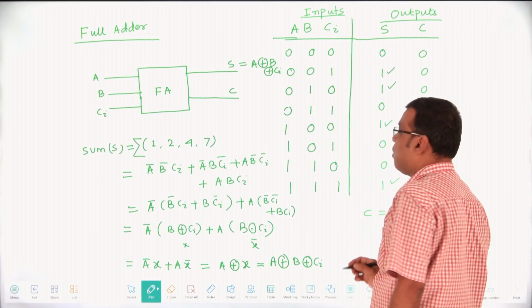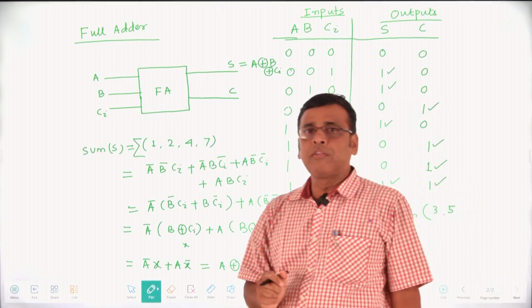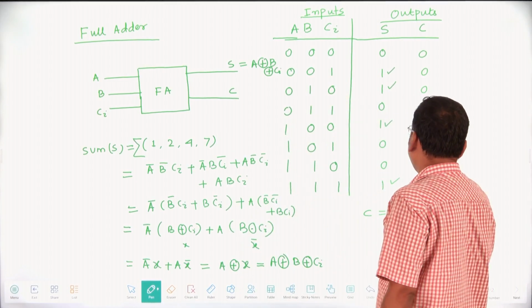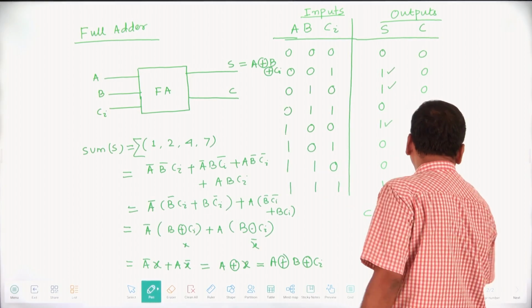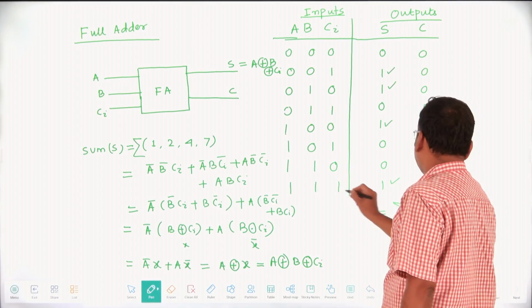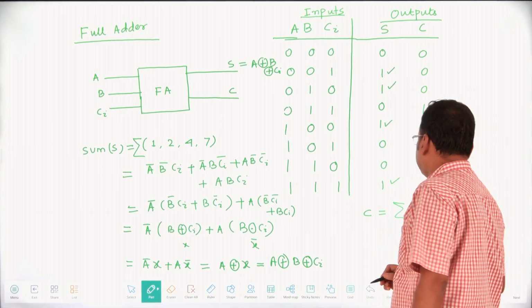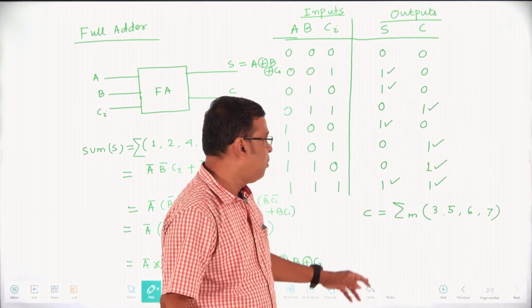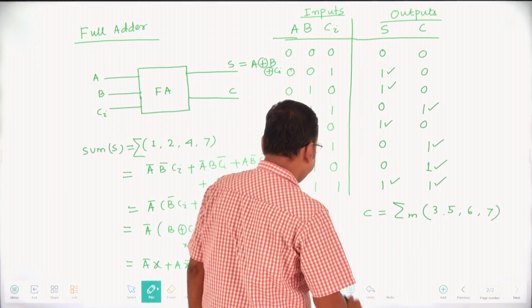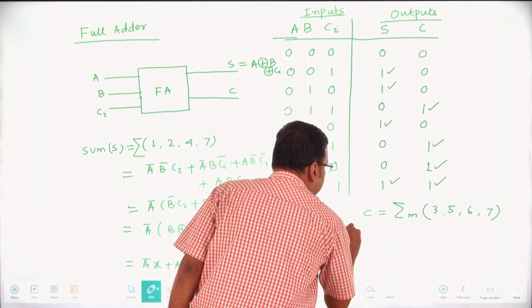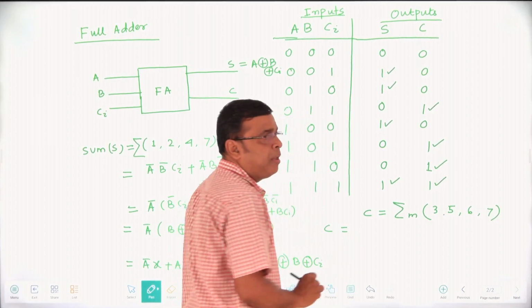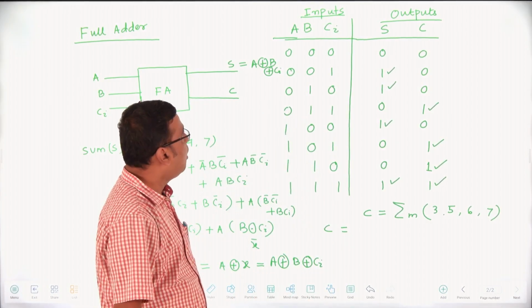Already I told you how to find the decimal equivalent of corresponding binary numbers. So that is 5, and here 1, 1, 0, that is 6, and 1, 1, 1, that is 7. So carry C equal to sigma 3, 5, 6, 7. With the help of Boolean theorems, we can also minimize this logic expression or Boolean equation.